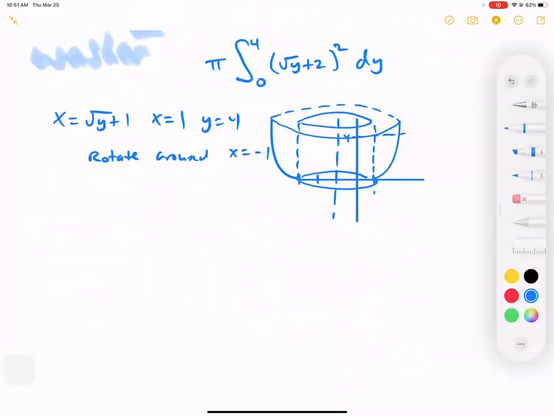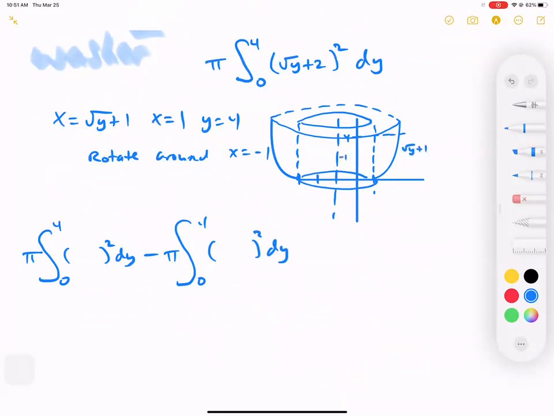The slow formula is to actually write out 2 different integrals and subtract those integrals from each other. 0 to 4, 0 to 4, pi, pi, and we're just going to do r squared dy and then r squared dy. Remind you this is the square root of y plus 1 and our axis of rotation is -1. So let's do 2 different colors. This is my large R and this is my little r.